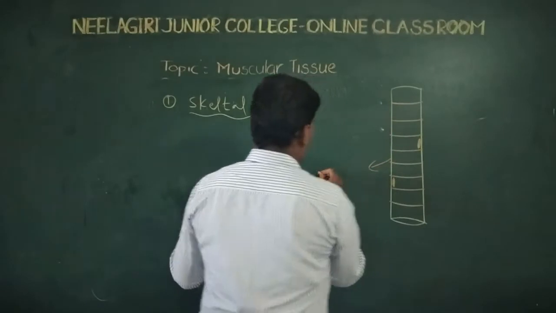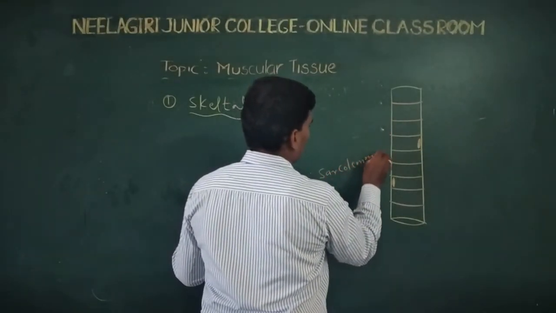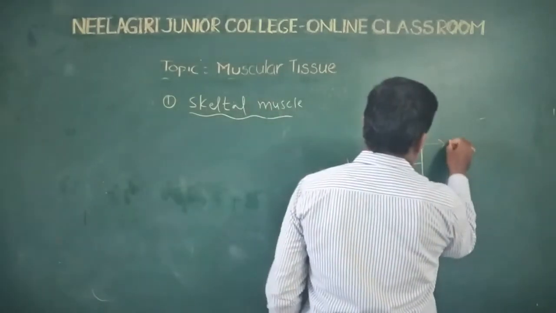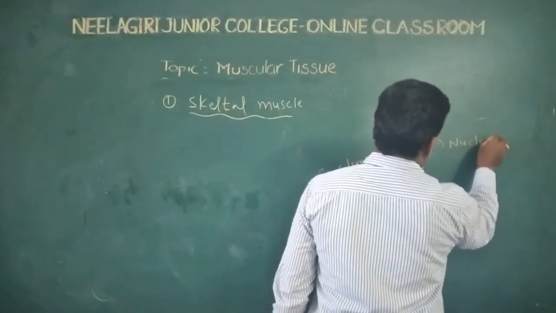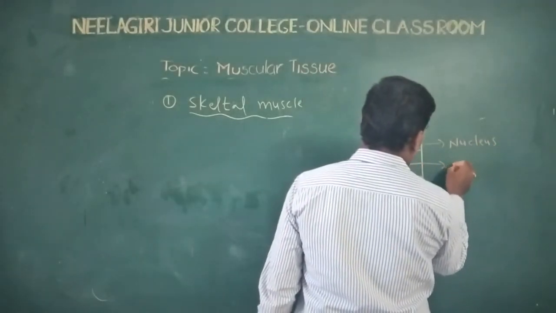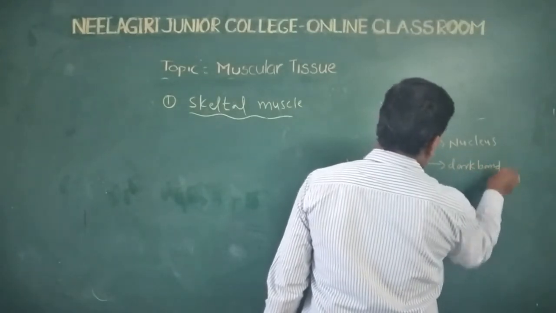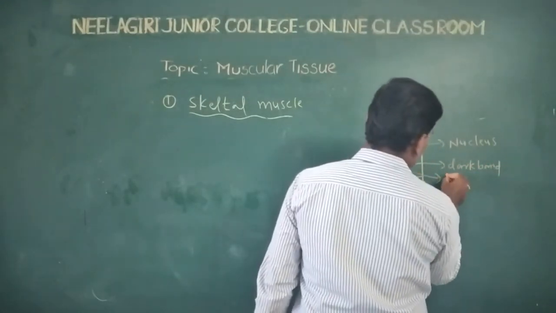So the sarcolemma, this is the nucleus, this is a dark band, the light band.